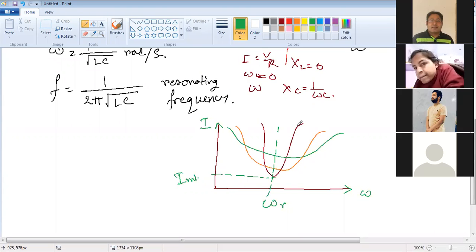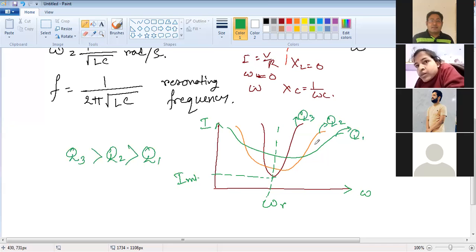This is Q3, this is quality factor 2, this is for quality factor 1. You can see from this graph, quality factor 3 is greater than quality factor 2, which is greater than quality factor 1.